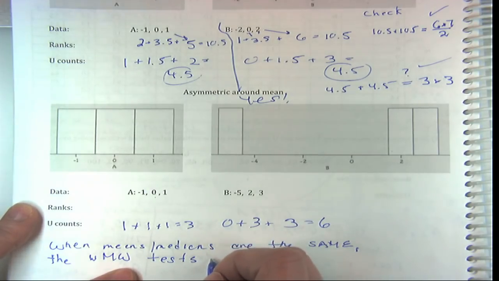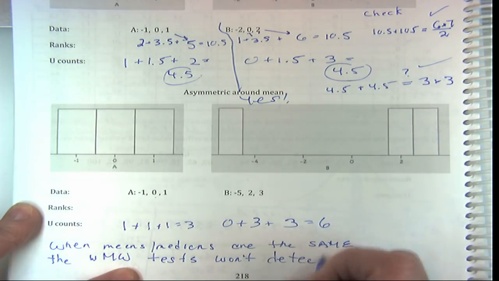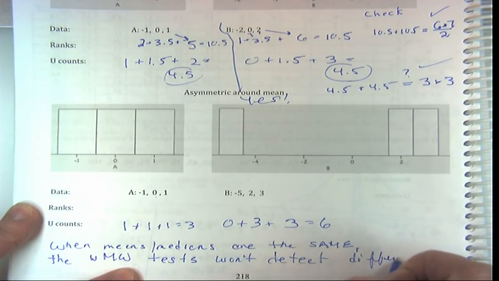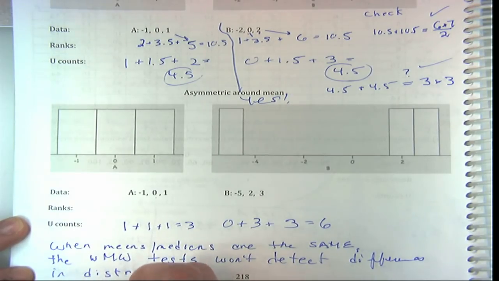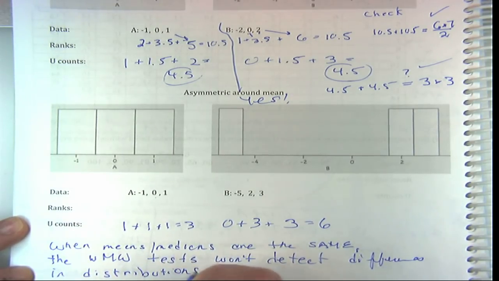So they won't detect differences in distributions that are symmetric around the mean. So they have some failings, but not very many.